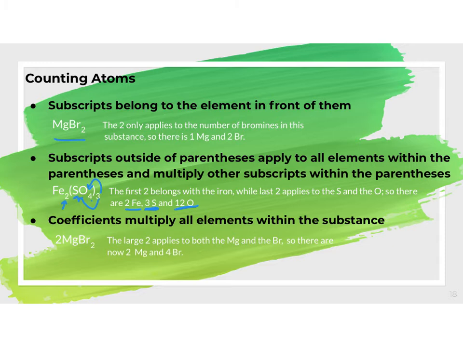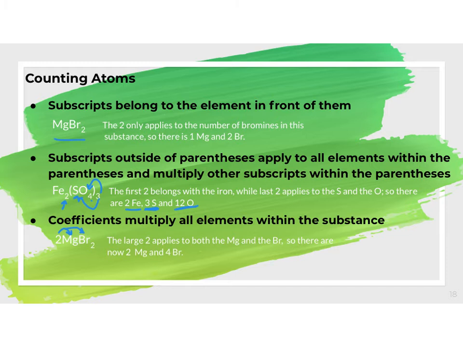And last, the coefficients, which is something new, are going to multiply all the elements within the substance. So if I put a 2 coefficient in front of MgBr2, that's now saying that the 2 applies to both of the elements in my substance. So it has to apply to both of them.